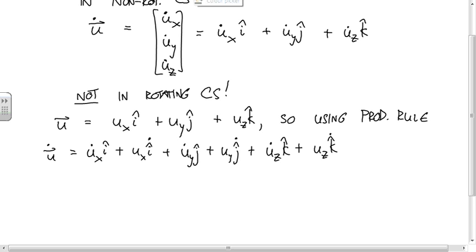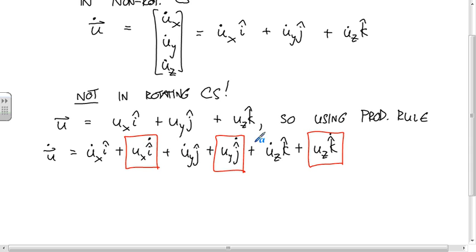And so these things, this is what's different in the rotating and non-rotating coordinate system case. In a non-rotating coordinate system, these three terms in red boxes are all equal to 0 because the orientations of the coordinate axes aren't changing in time.